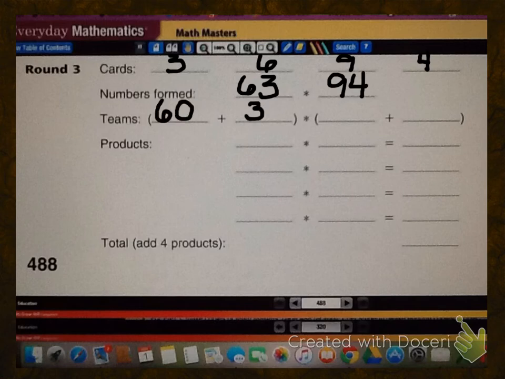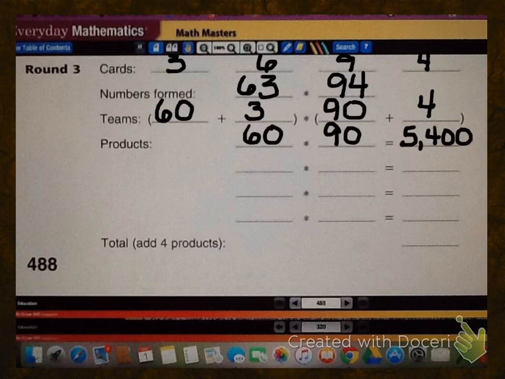So 63 becomes 60 plus 3, and 94 becomes 90 plus 4. And then I'm going to multiply the 60 times 90. That's going to give me 5,400. And then I'm going to take the 60 times 4, which is going to give me 240.